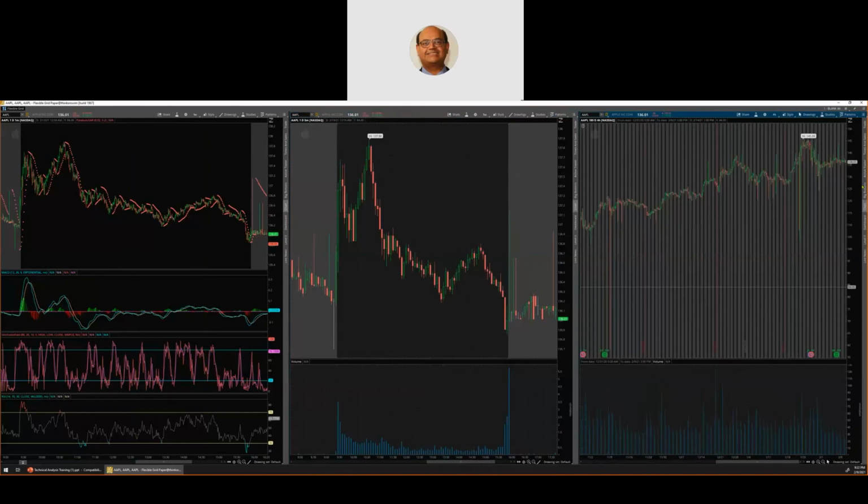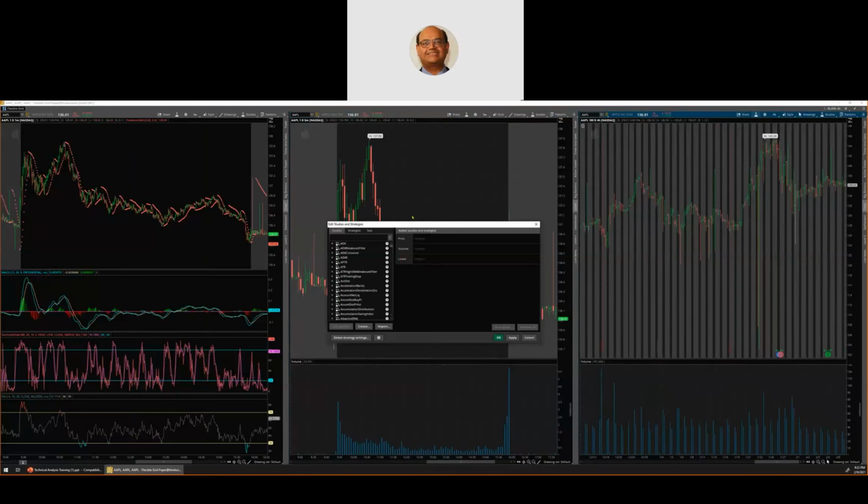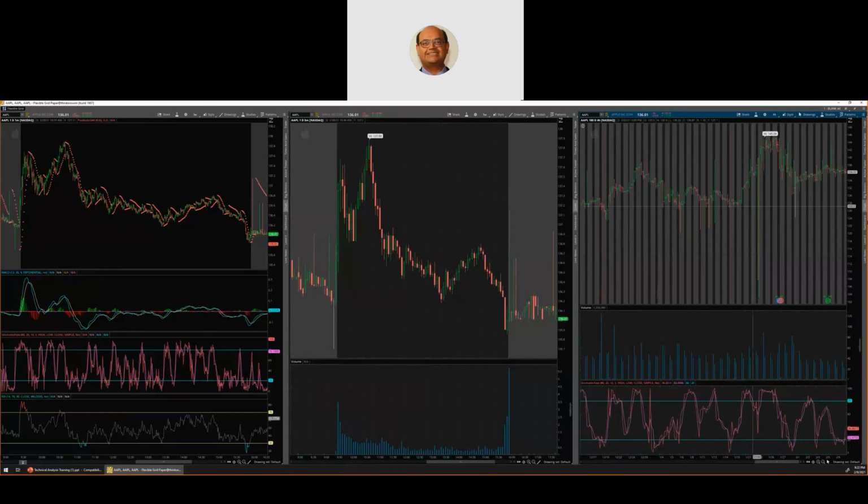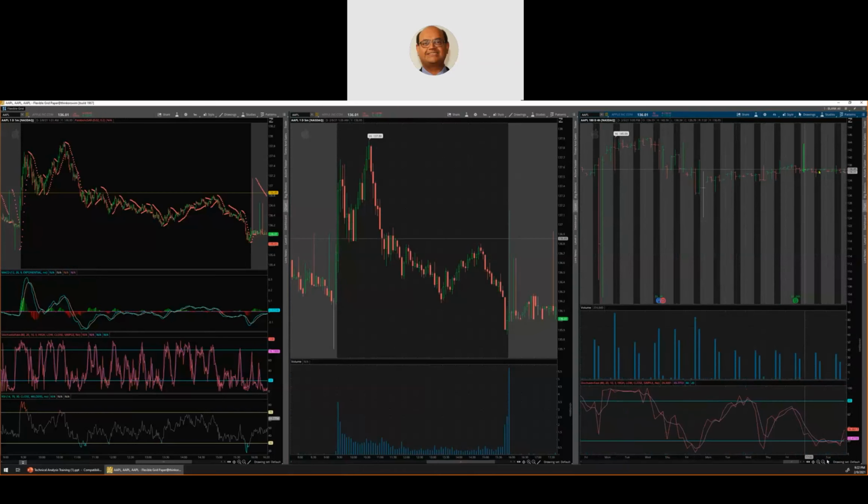If you try to overlap with stochastic fast and apply, and if I see this, here it's very narrow. It's like in consolidation. But even then, after crossing over between here to here, it did go. Because it's a daily chart, you are not able to appreciate it, the graph is so small.